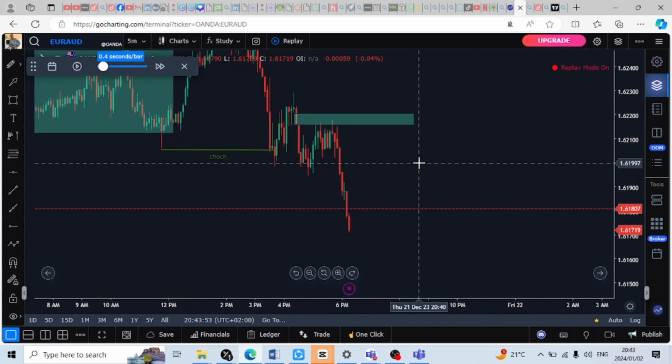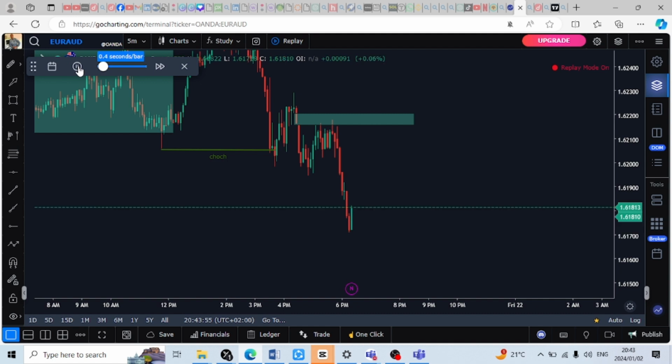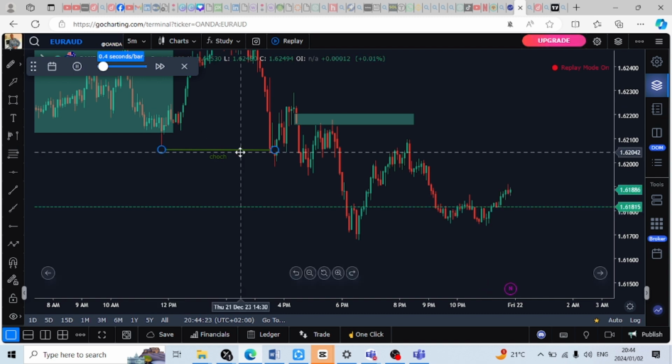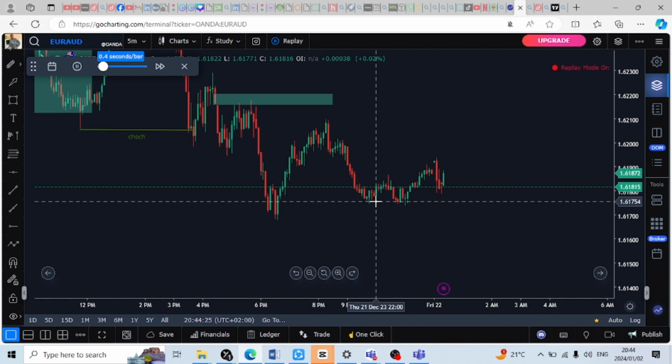From there you can see our price. It becomes very easy to trade when you know this concept. Price was now moving downwards from that consolidation. So this is how easy it is to trade using the power of 3 concept.